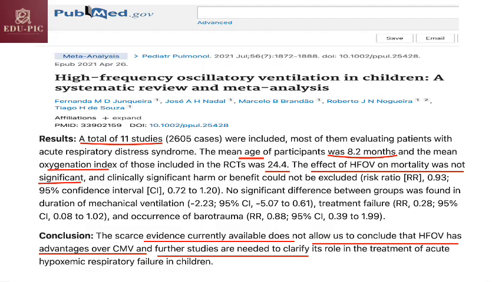On the other side, this study, which is a meta-analysis for high-frequency oscillatory ventilation in children, is telling us that the effect of high-frequency oscillatory ventilation on mortality was not significant.